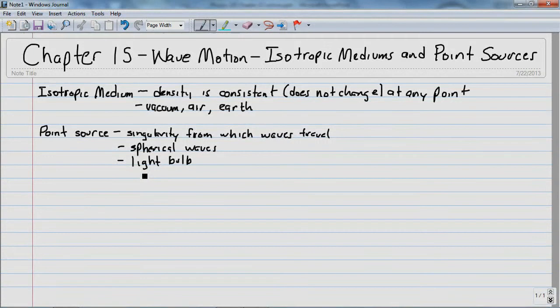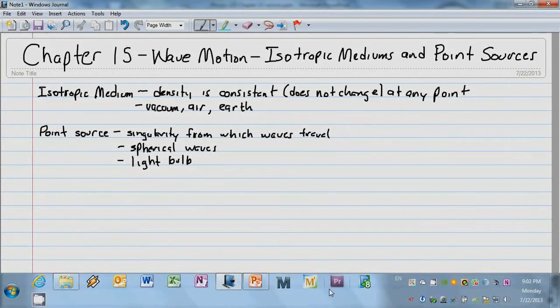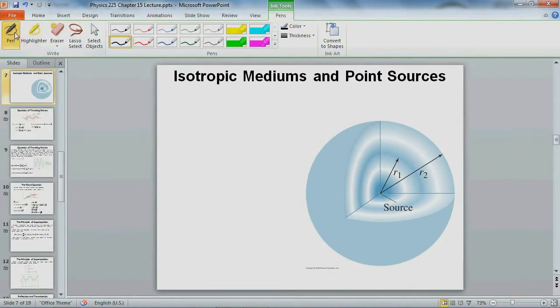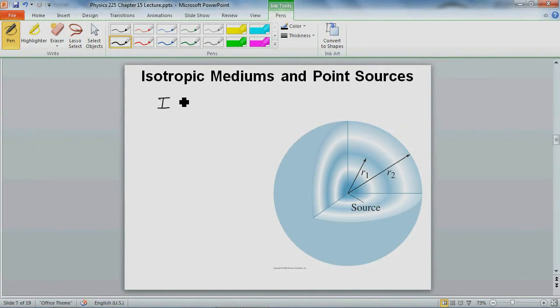That's probably the closest example that I can come up with. So these isotropic mediums and point sources allow us to be able to find relationships with the intensities and amplitudes of our waves. So we define intensity I as equal to our average power divided by the surface area.